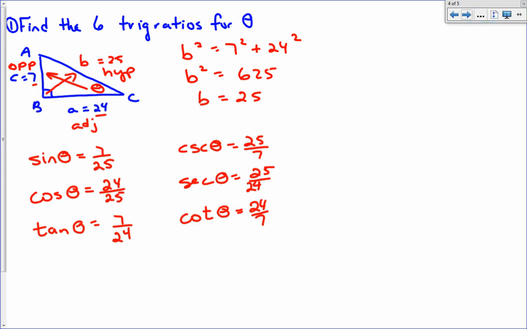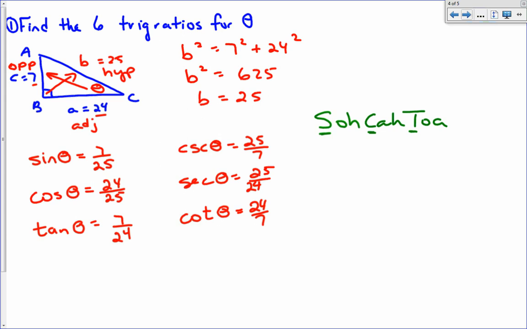So this is a device that a lot of students use, and they memorize this word, SOHCAHTOA. The sine is the opposite over the hypotenuse, the cosine is the adjacent over the hypotenuse, and the tangent is the opposite over the adjacent. So memorizing SOHCAHTOA helps you to keep in mind which is which.